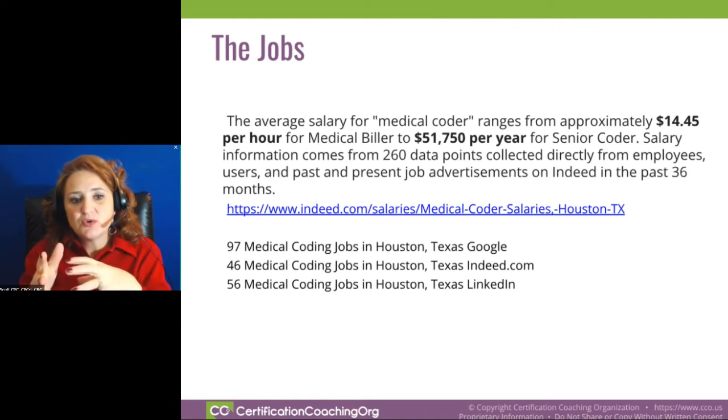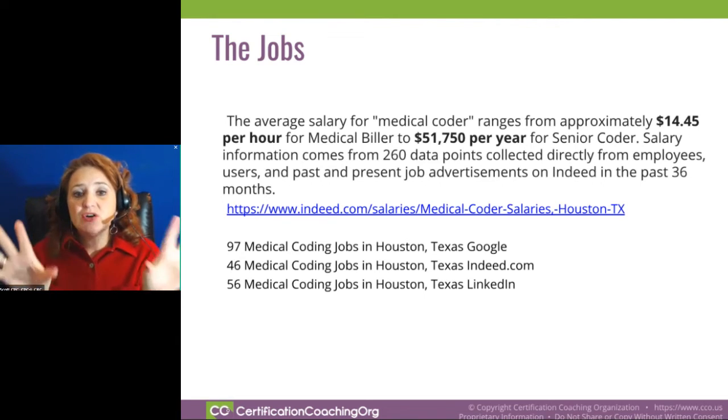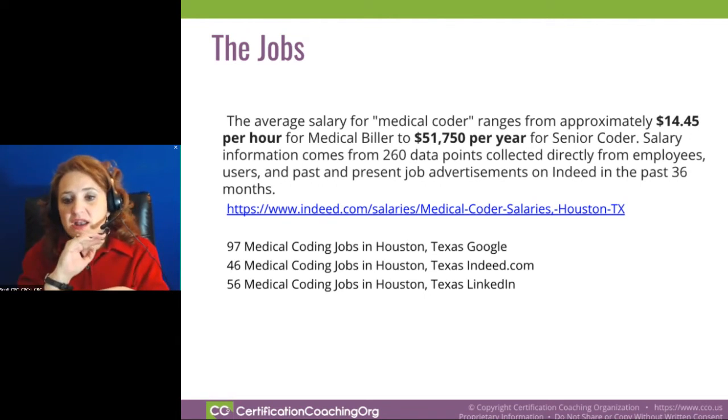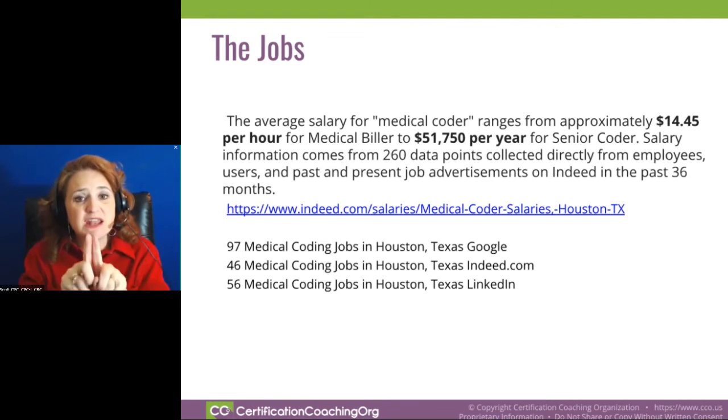Medical coder, starting out, depending on where you live, on average across the United States. Now, this is an average. You're looking at about $14 or $15 an hour.